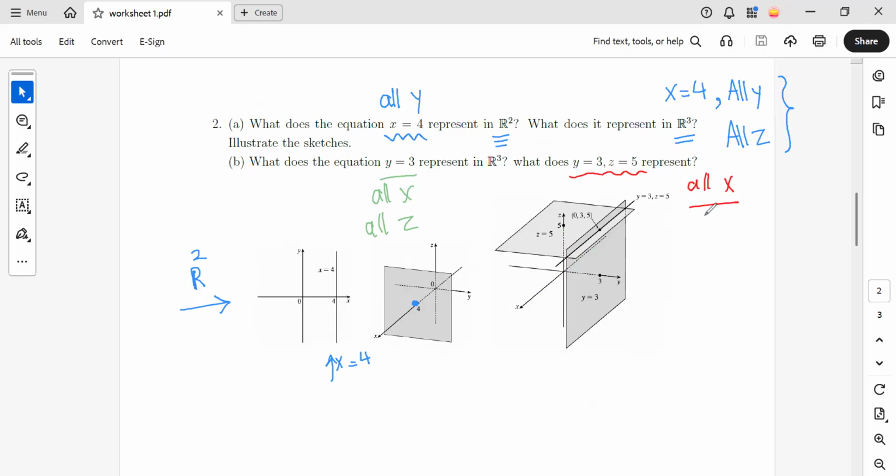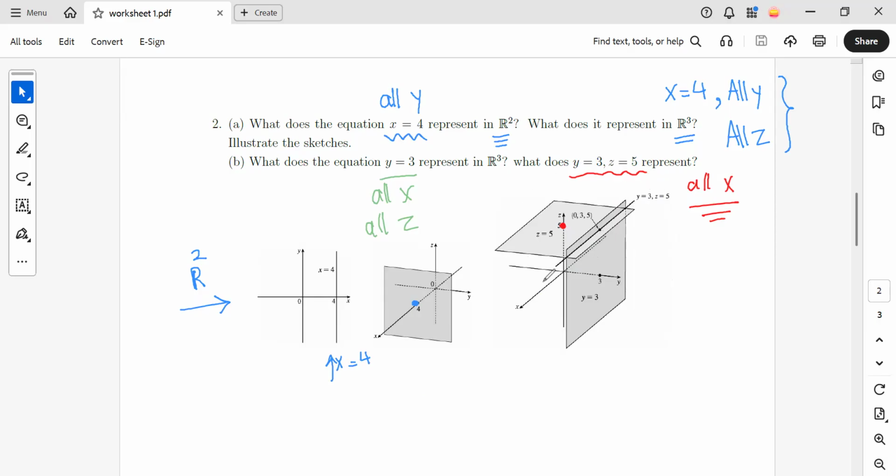So when x changes, y doesn't change, z doesn't change. It means that you have another surface here standing on z equals 5 and y equals 3. But it covers all x values.